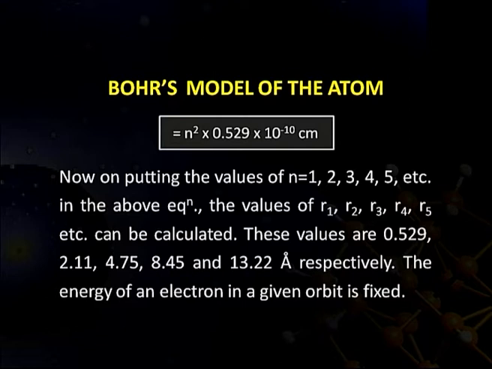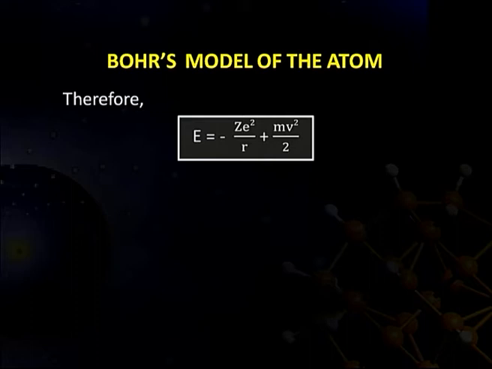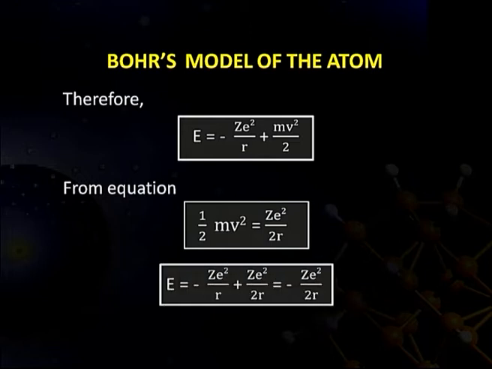The energy of an electron in a given orbit is fixed. The total energy of the electron E is the sum of its potential energy, minus Ze²/r, and its kinetic energy, ½mv². Therefore, we get the energy from the equation E = −Ze²/r + ½mv². From these equations, we finally get −Ze²/r + Ze²/2r = −Ze²/2r.